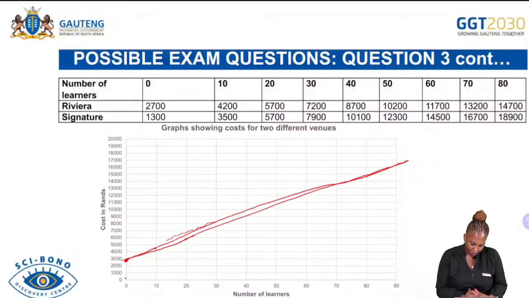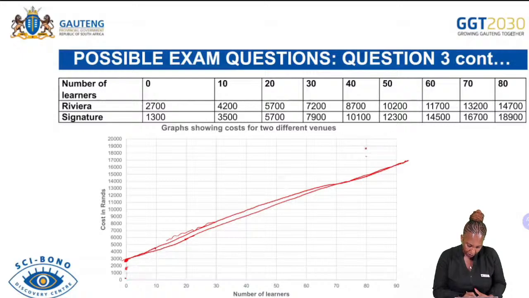Now the second one, it starts at 1,300. It's 1,300 for the Signature Hotel, and then it starts here at 1,300, and then it ends where? At 18,900. So for 80 learners, 18,000 is there, 900 just above.